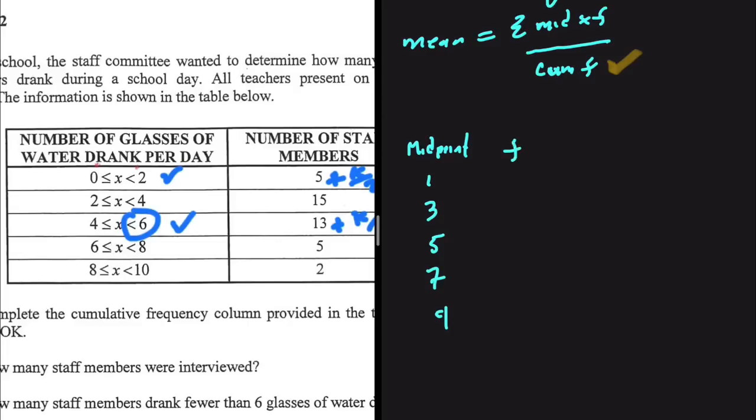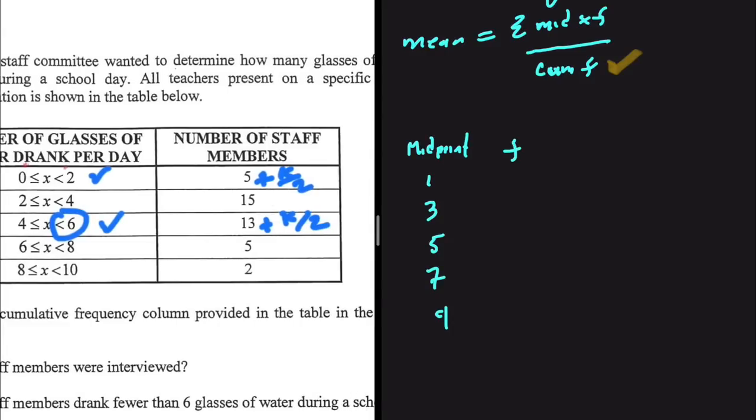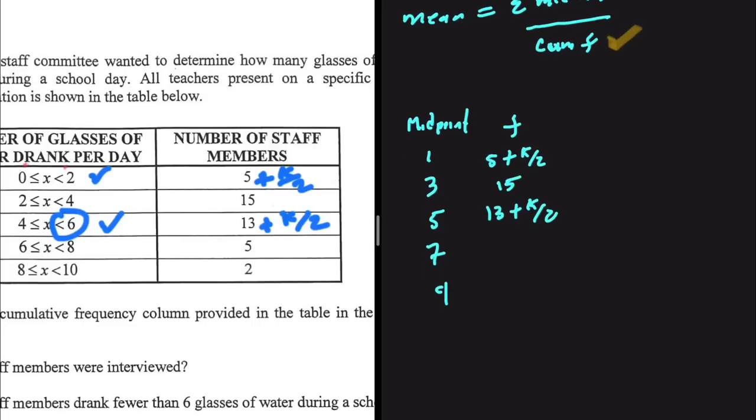And then we have the frequency. For 0 to 2, it is 5 plus k divided by 2, followed by 15, and then 13 plus k divided by 2. For 7, the frequency is 5. For a midpoint of 9 glasses, the frequency is 2. Now we need the midpoint multiplied by the frequency. What is 1 multiplied by 5 plus k divided by 2?